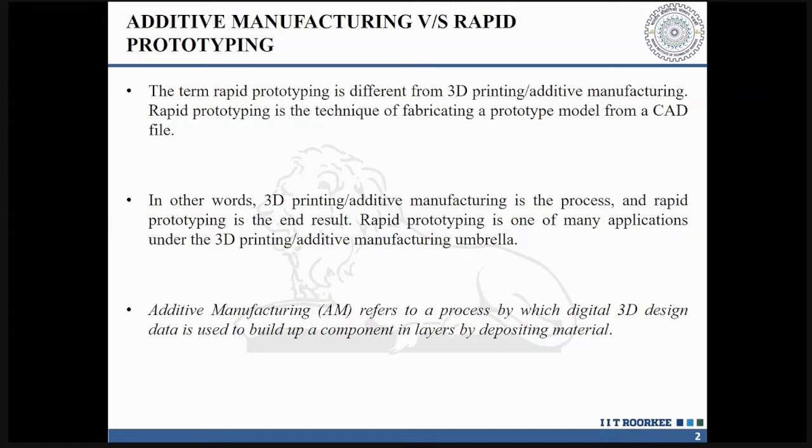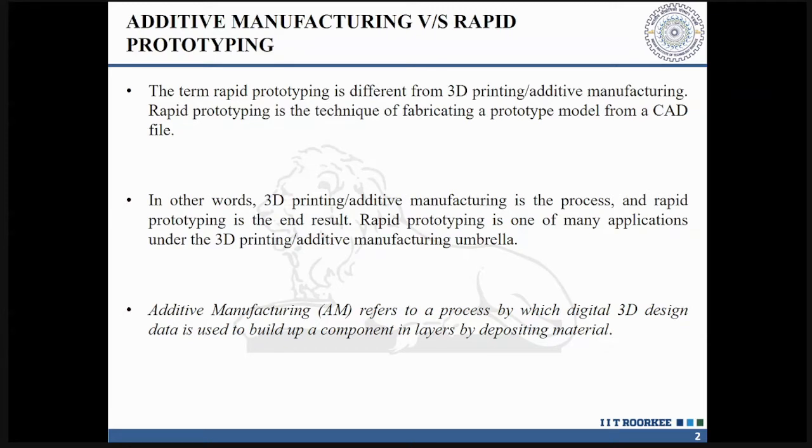Now, rapid prototyping is basically a wider umbrella which refers to all those processes and methods which help in creating a prototype. When we talk about a prototype, we talk about the miniaturized version of an actual product.